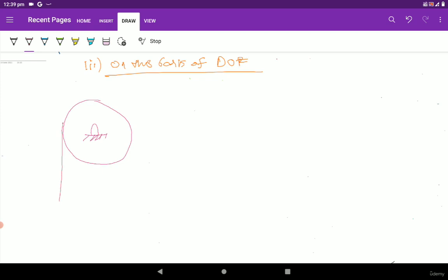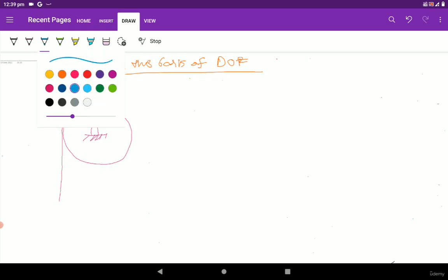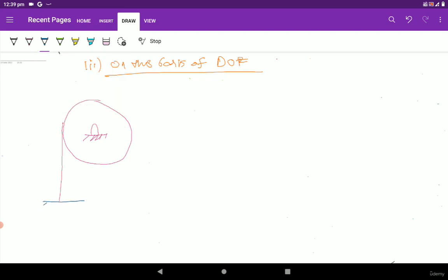String is here and attached to this point. And this end has a spring and it has mass m.